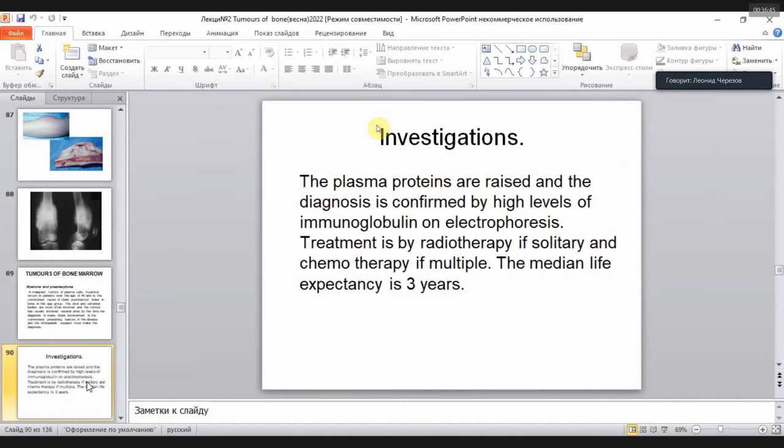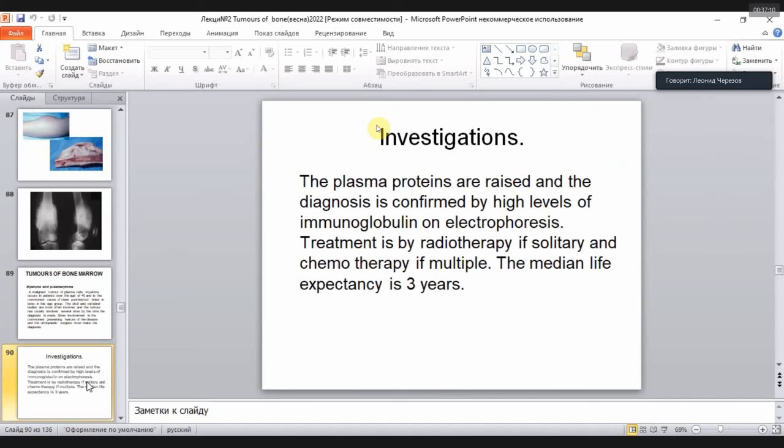Investigation. The plasma protein rises, and the diagnosis is confirmed by high levels of immunoglobulin on electrophoresis.